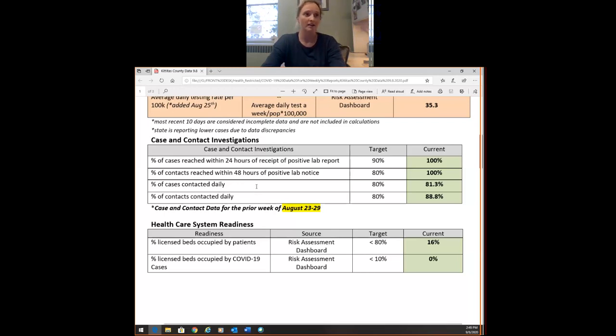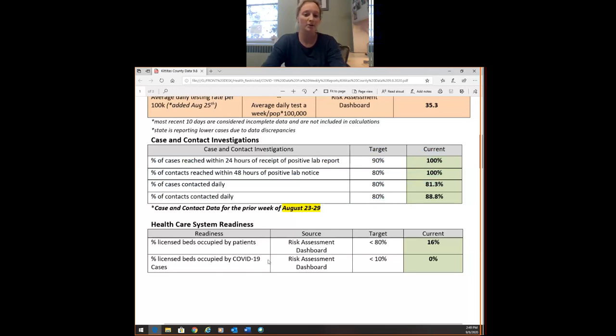And we have to keep track of each of those calls. Were we able to contact those cases and contacts? Did we attempt to contact them? Were we just not able to contact them for some reason? Here are the targets that the state has set for us, and we typically meet those targets each week.